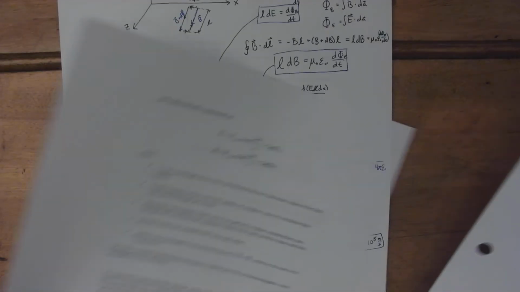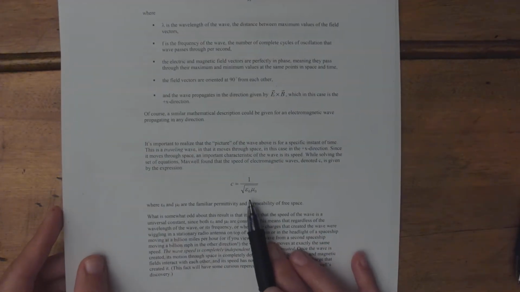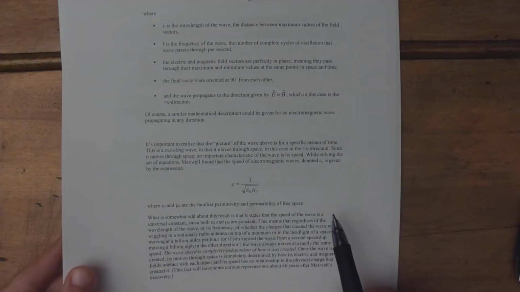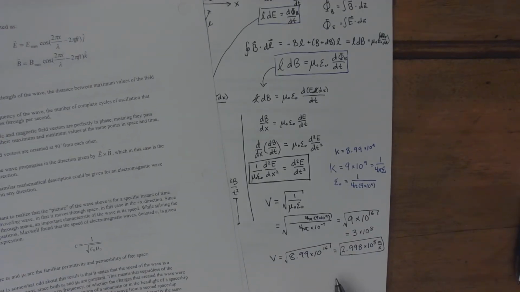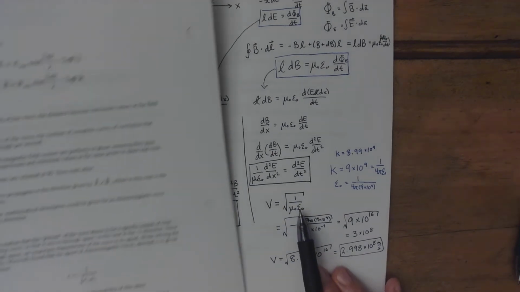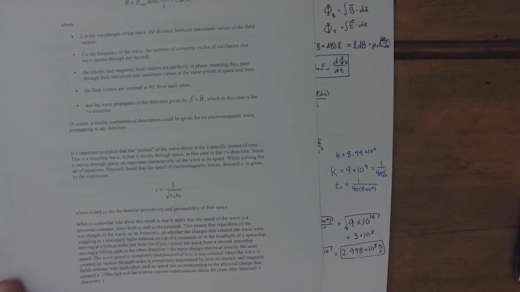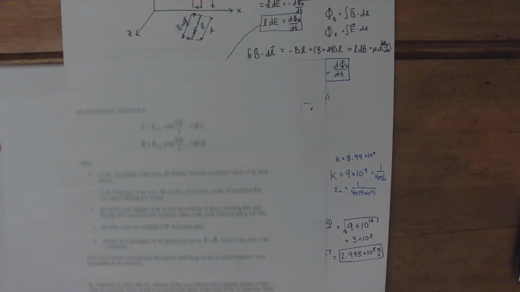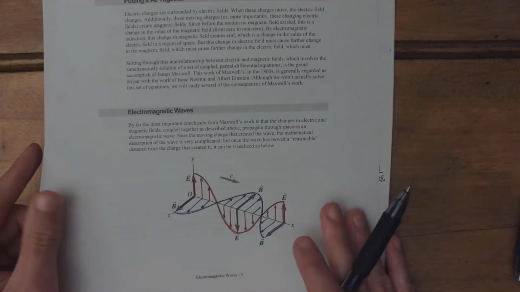So these constants that we've been using in this course are actually related to the speed of light. So we have our speed here, which is the square root of 1 over epsilon naught times mu naught, is equal to the speed. Here's our light wave moving at the speed of light.